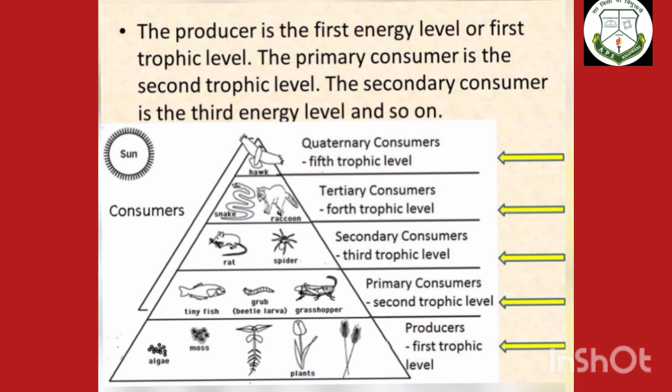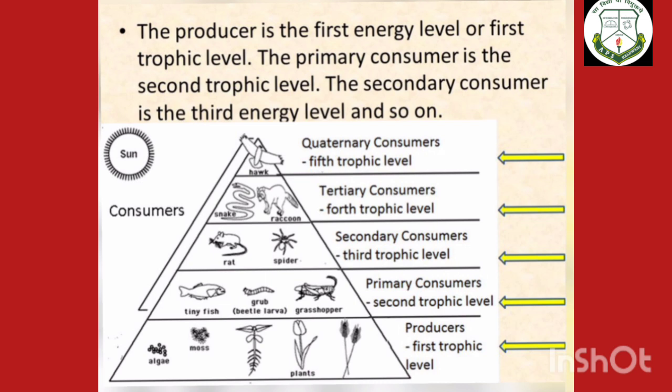The rat is eaten by the snake, and the snake is present in the fourth trophic level. It eats the rat which is present in the third trophic level. Now the fifth trophic level is of quaternary consumers, in which there are large birds, lions, tigers, etc.